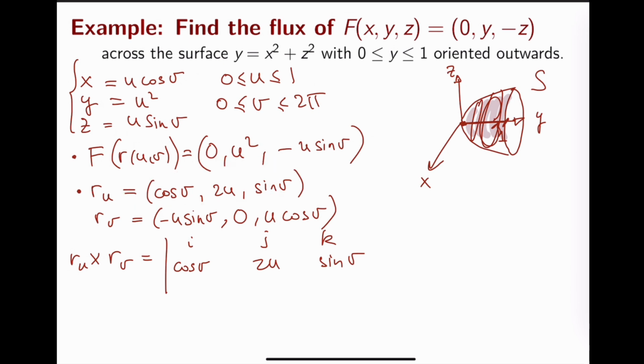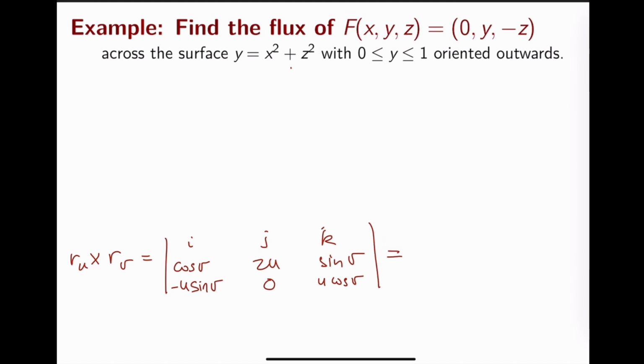This is the second row, and this is going to be the third row. So the determinant is going to be i times this minus this.